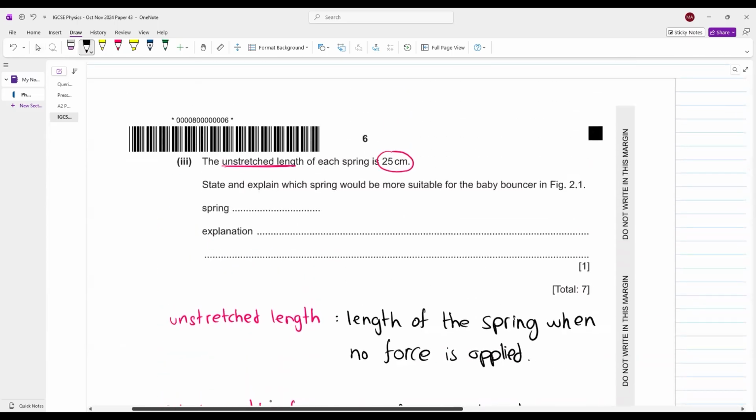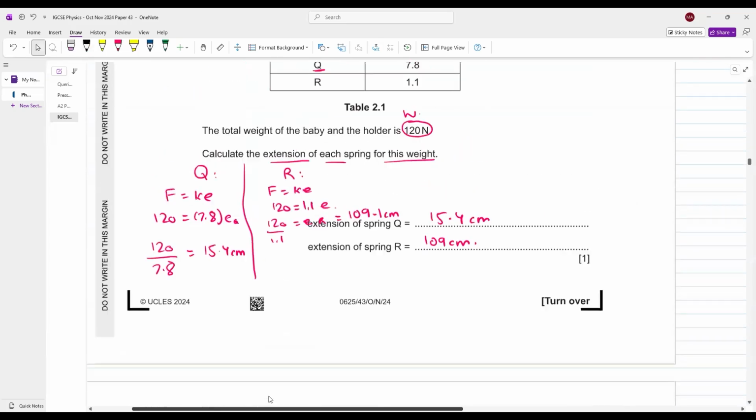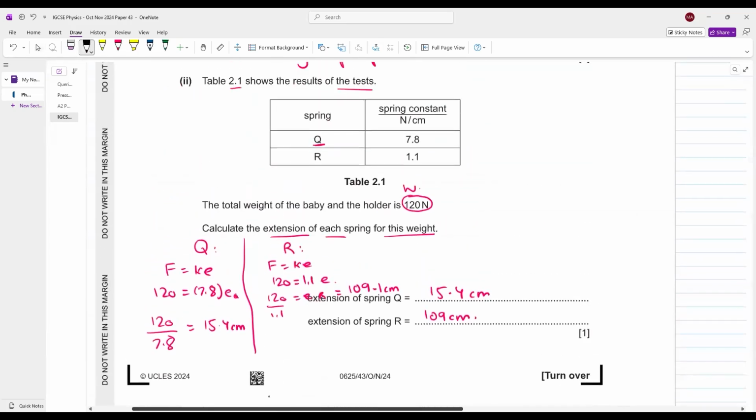Now your unstretched length L naught is 25 centimeter. State and explain which spring would be more suitable for the baby bouncer in figure 2.1. We have to tell which spring would be more suitable. So let's first of all see. The extension of spring Q was 15.4 centimeter.